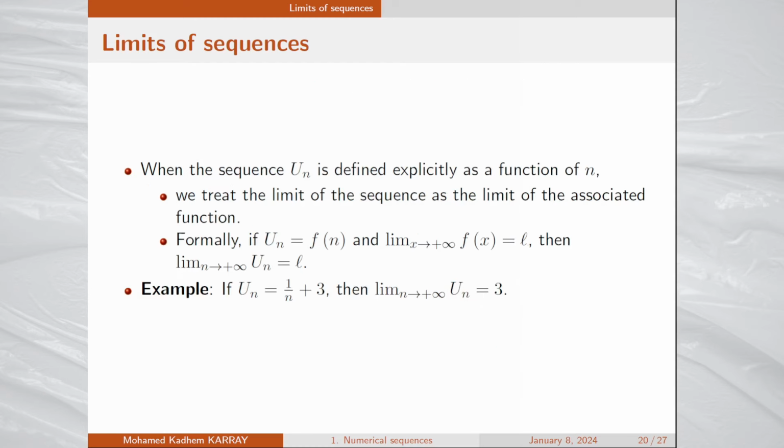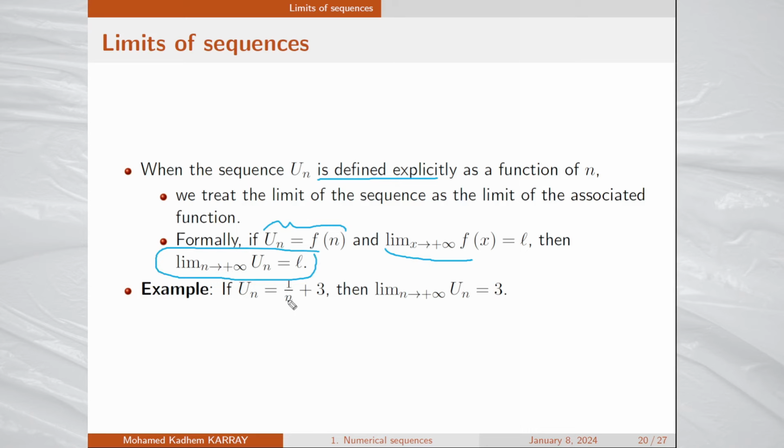Observe that when un is defined explicitly as a function of n, then we treat the limit of the sequence as the limit of the associated function. Formally, if un is some function of n, and if the limit of f of x as x goes to infinity equals L, then the limit of un also equals L. Here is an example.